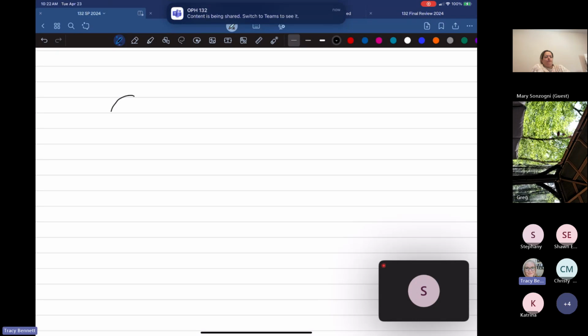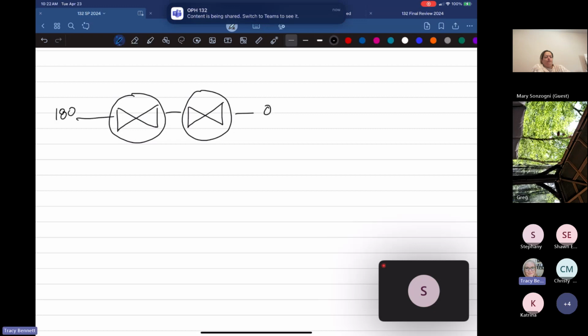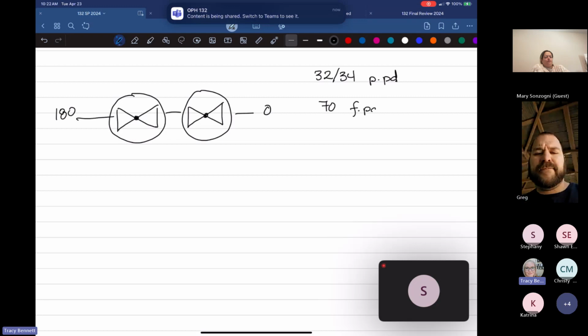Okay. So you basically just draw your lenses out. We got a minus lens for both of them, and we're drawing them in the 180, right? In that 0, 180, because we're dealing with PD. Here's where the actual OCs are. And if you remember, 32/34 was our patient PD. And then we had a 70 frame PD.